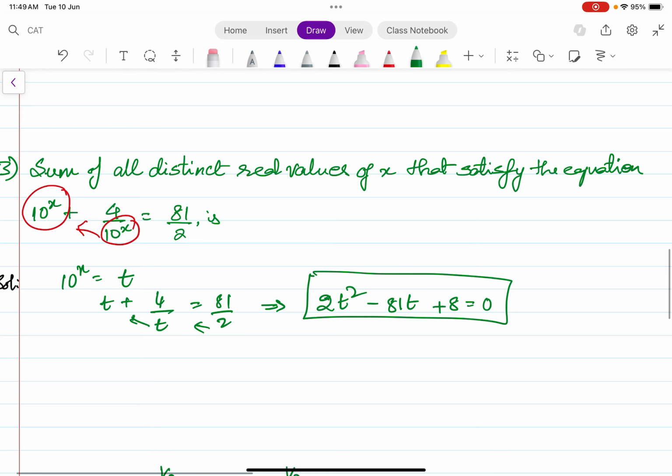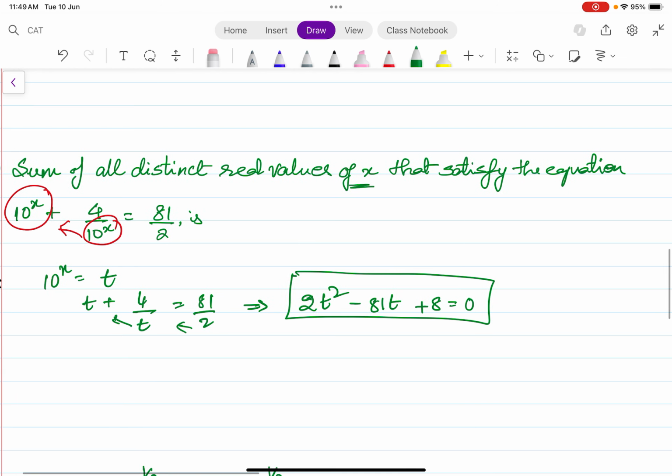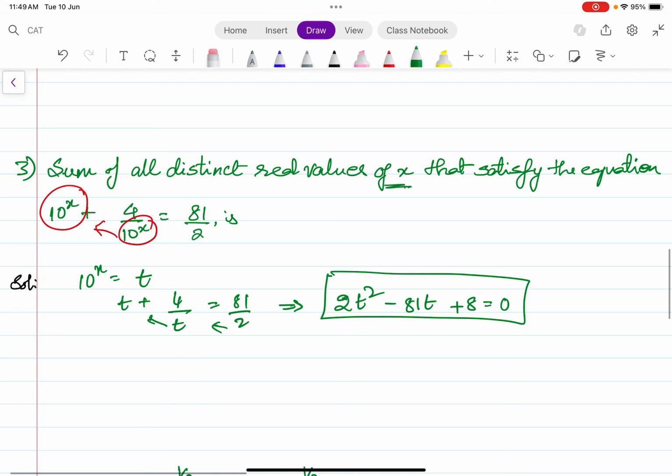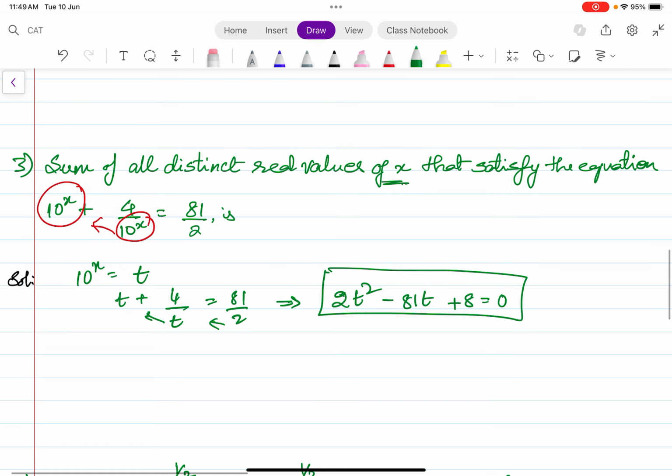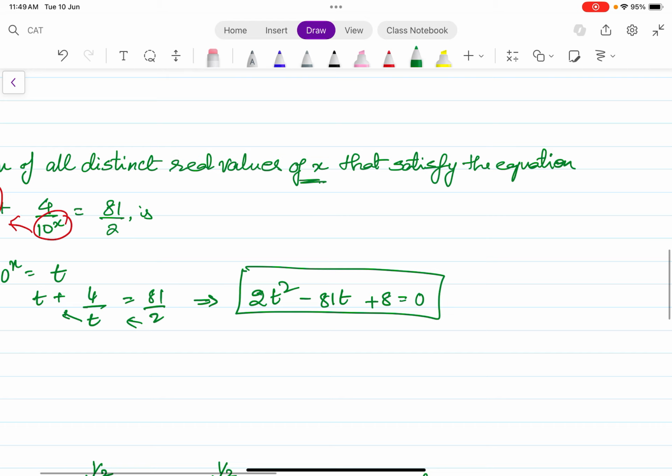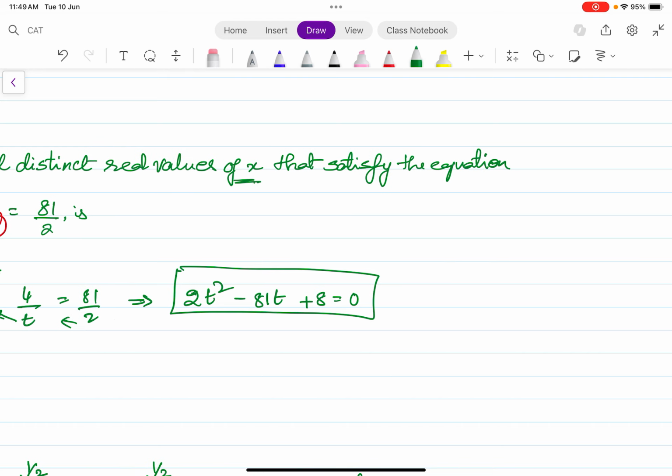Now they're asking the sum of all distinct real values of x. So they're basically asking the roots of this equation, what are the different values of x, and then the sum of all those values. Before we do that, let us find those values individually. What are the roots of this equation? You can of course use the discriminant formula.